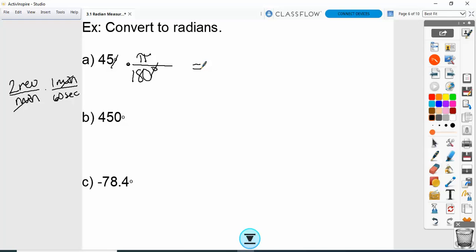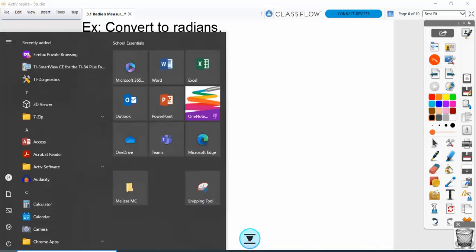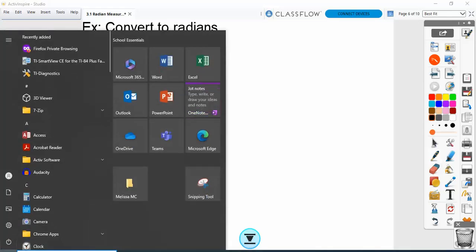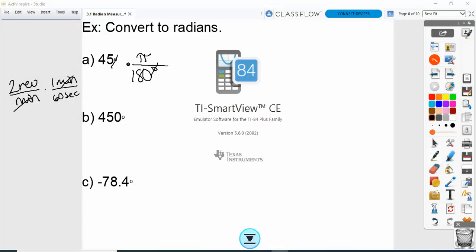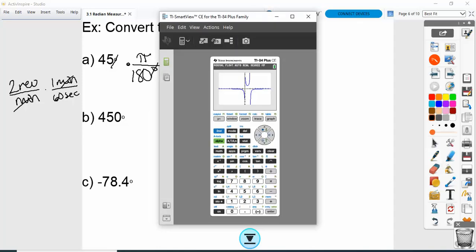When you're converting this, you could choose to multiply out the pi. I try to avoid that whenever possible. So all you really have to do is 45 over 180, and then we'll tack the pi back on at the end. Fractions are preferred if they come out nice.